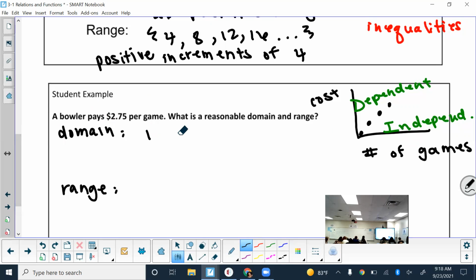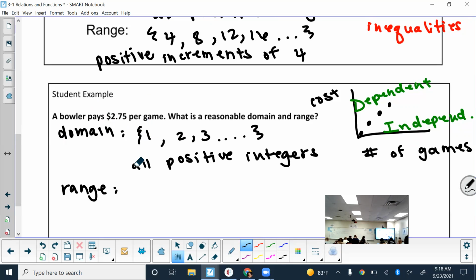So starting at 1 and ending at maybe 10 at most. It's basically whole numbers, right? Like 1, 2, 3, no fractions. So all positive integers. Now for the range, I would say all positive integers up to 10.